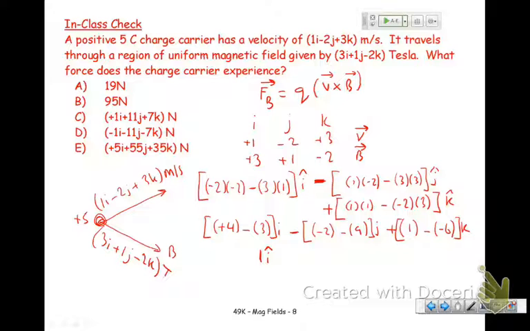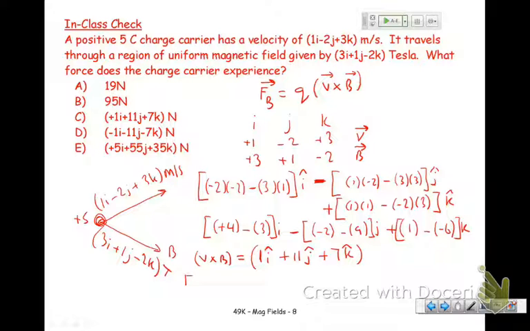Minus 2 minus 9 is minus 11, but that's a minus in front of it, so that's plus 11J. And then 1 minus 6 is minus 5, so that's minus 5K. And that's going to be, oh, now I've got to multiply that. So this is V cross B.